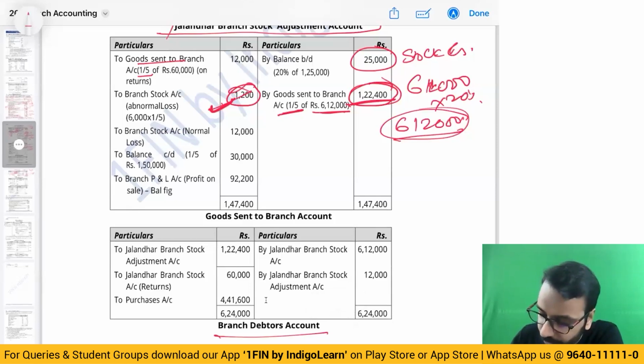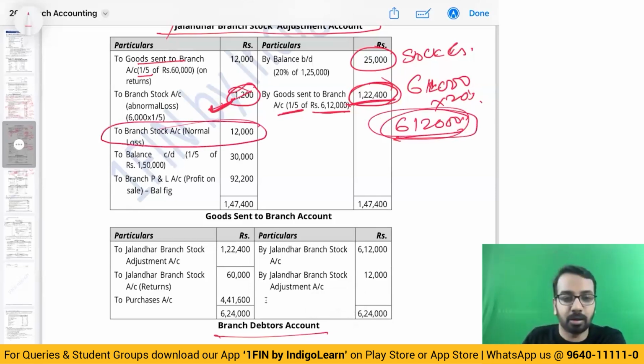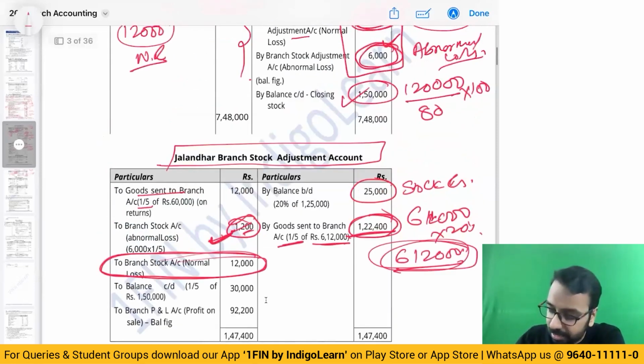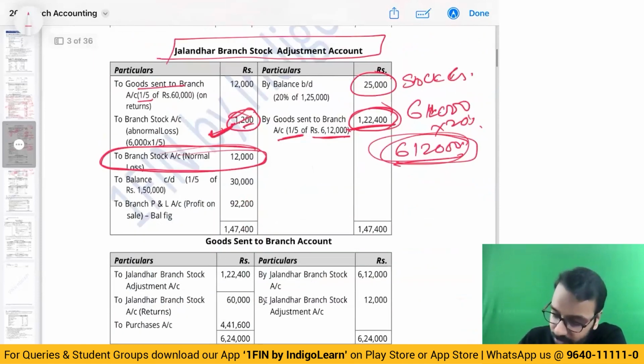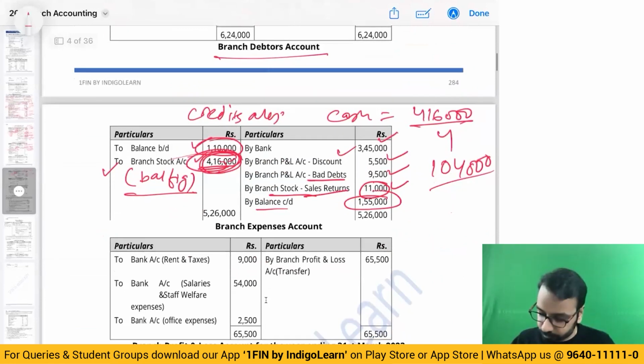The branch has not received the full value, so the entire normal loss is written off. Now this 12,000 entirely is lost, and in the abnormal loss, this 6,000 includes the profit element. See, we are crediting something here. This 6,000 includes the profit element. So that abnormal loss part is adjusted by eliminating the profit element. Even if you don't do that, your final number will finally match.